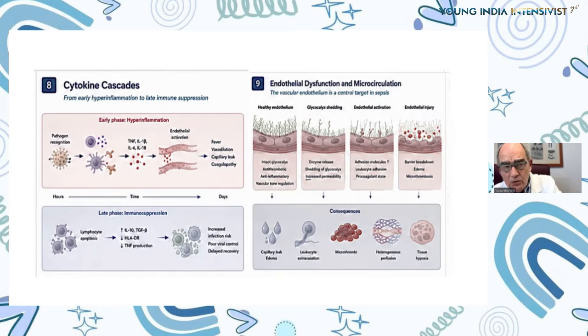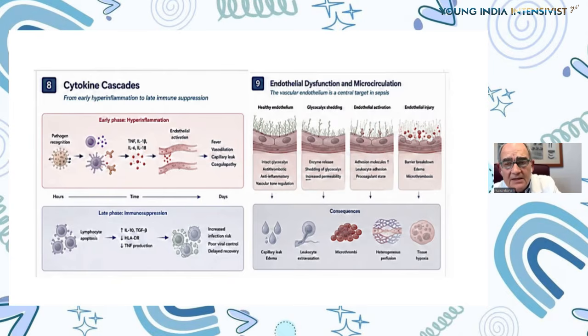But if we move specifically to the endothelial dysfunction that leads to the alteration of the microcirculation through the hypoperfusion mechanism, you may see that the glycocalyx structure of the endothelial cells is altered, with a shedding of the glycocalyx that causes an increased permeability.